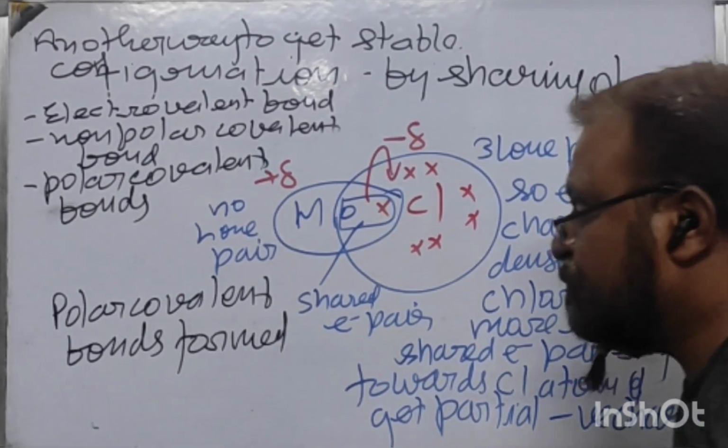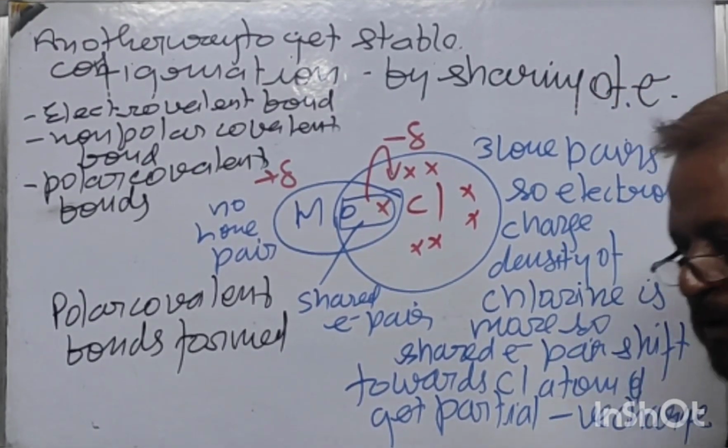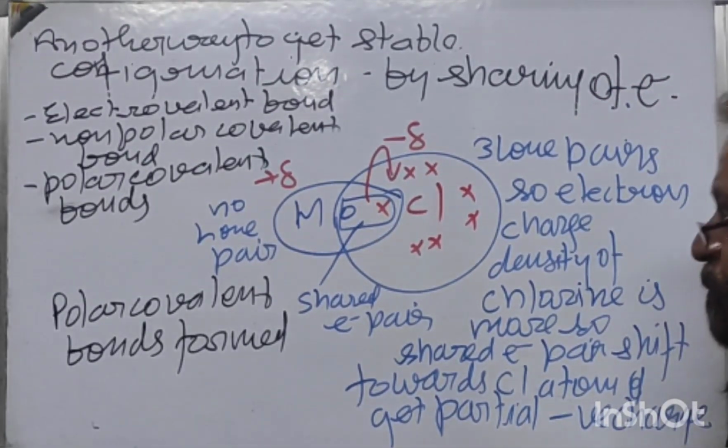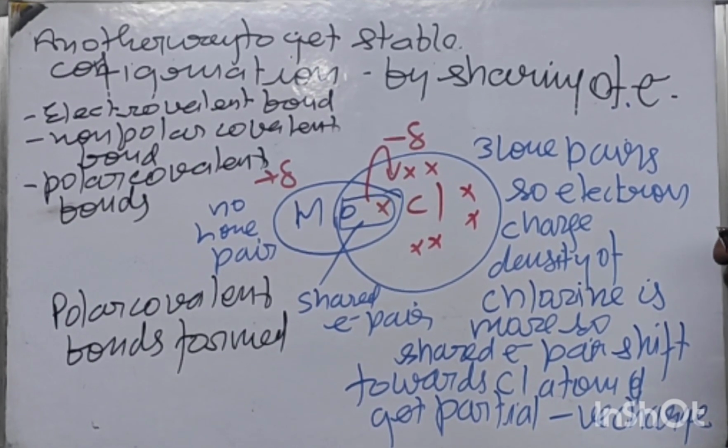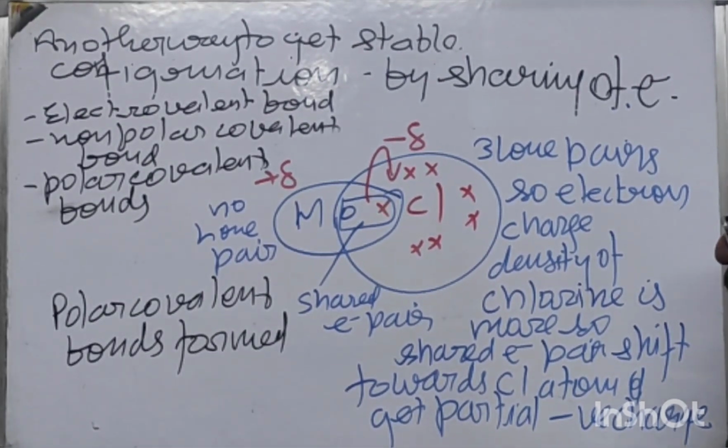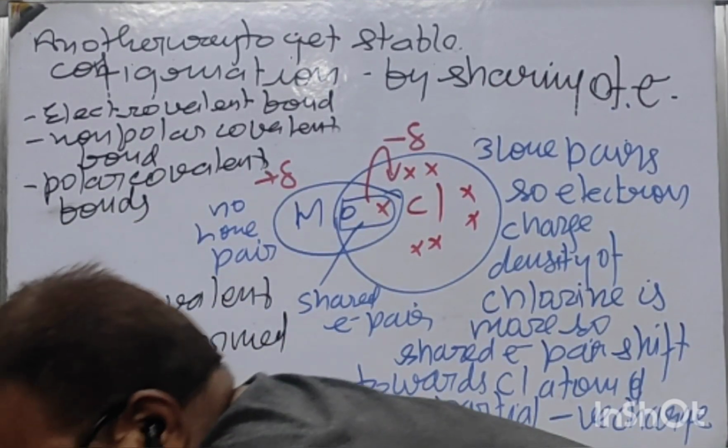And if the electron charge density is the same, then polarity does not develop and non-polar covalent bonds form, right? I hope you understand. Should I rub this? Okay.